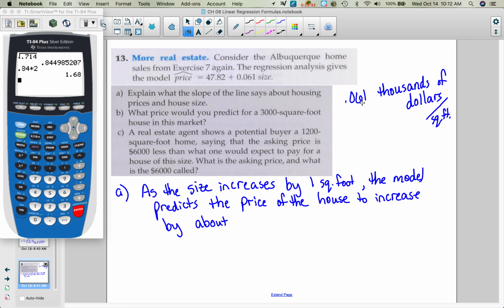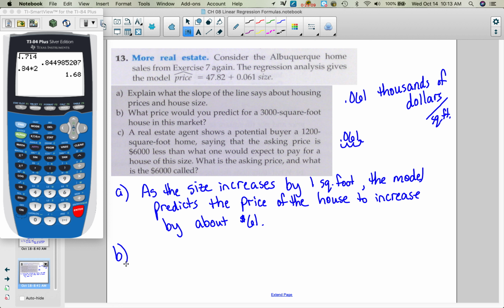Instead, if I wanted to change this to dollars, it's thousands, so I would say by about $61. So it's about $61 per square foot. You can't say $0.061 because that would be wrong. You would have to say 0.061 thousands of dollars. So it just makes a little bit more sense, I think, to say that.